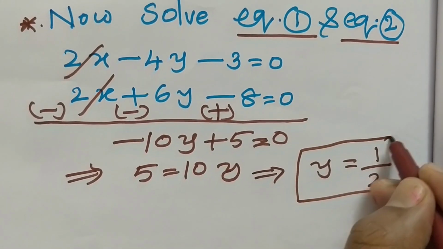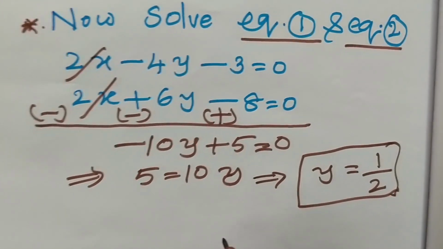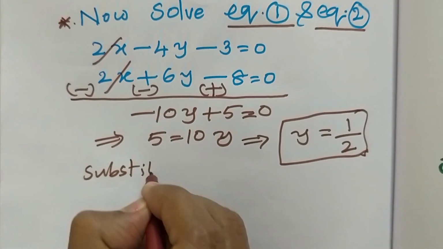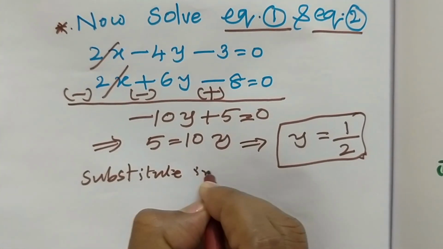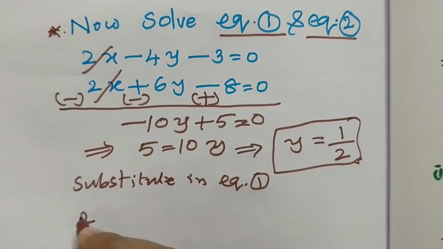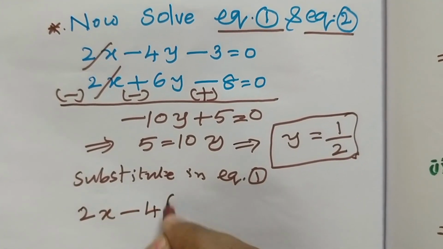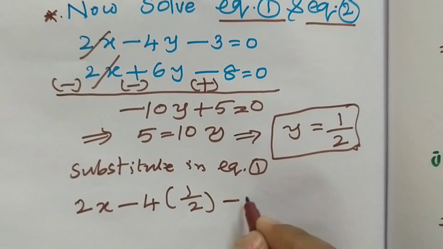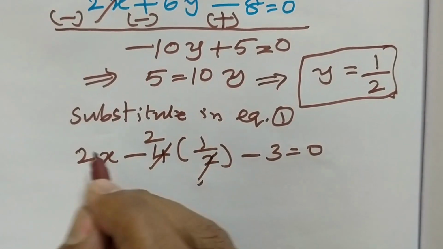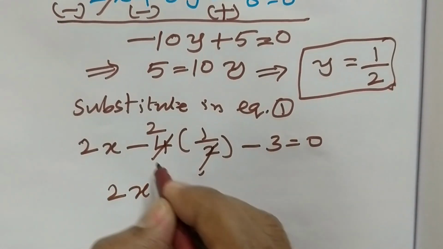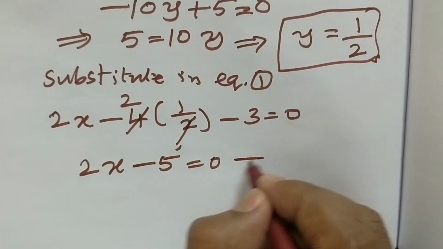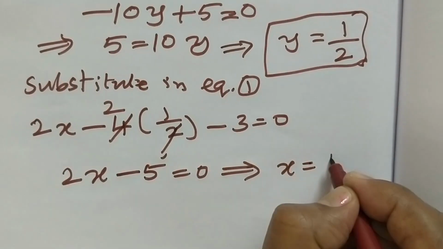You get y is equal to 1 by 2. And substitute in equation 1: 2x - 4 into y, which is 1 by 2, minus 3 is equal to 0. Next, 2x - 2 - 3 is -5 is equal to 0. This gives us x is equal to 5 by 2.